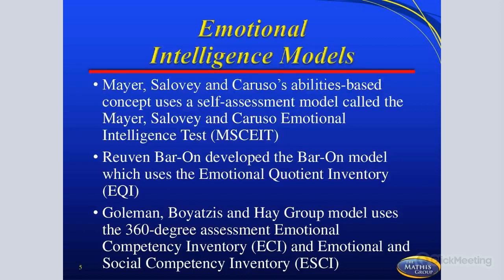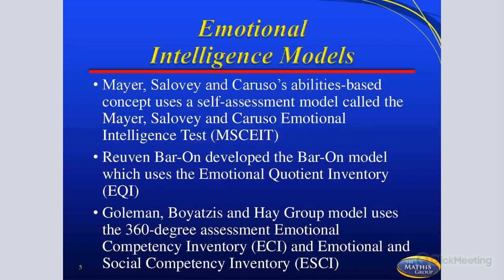He's really trying desperately to quantify what's happening or what's not happening, and whether it's going to influence people in a positive or negative way. And so Bar-On's model is a little bit different than the other two.